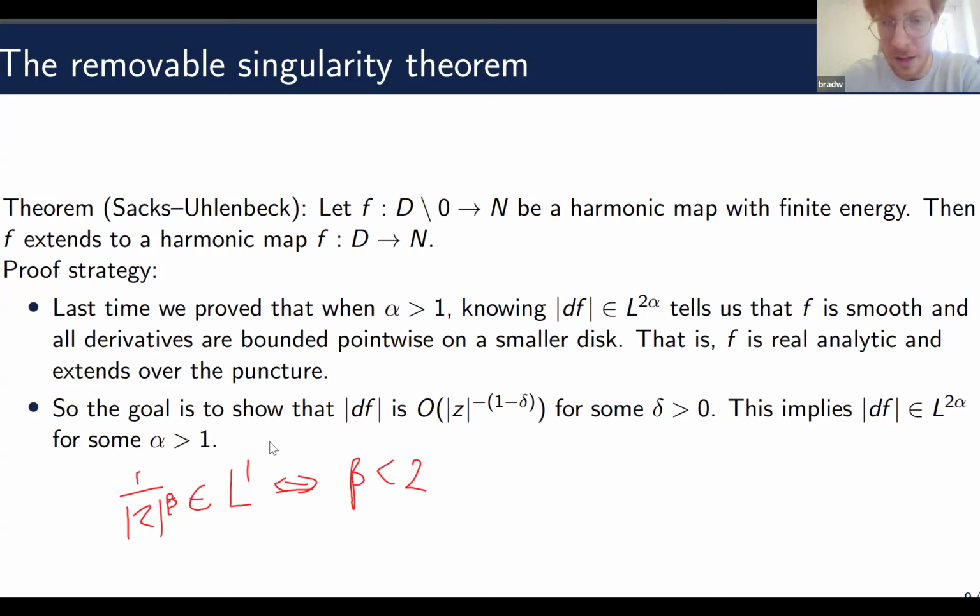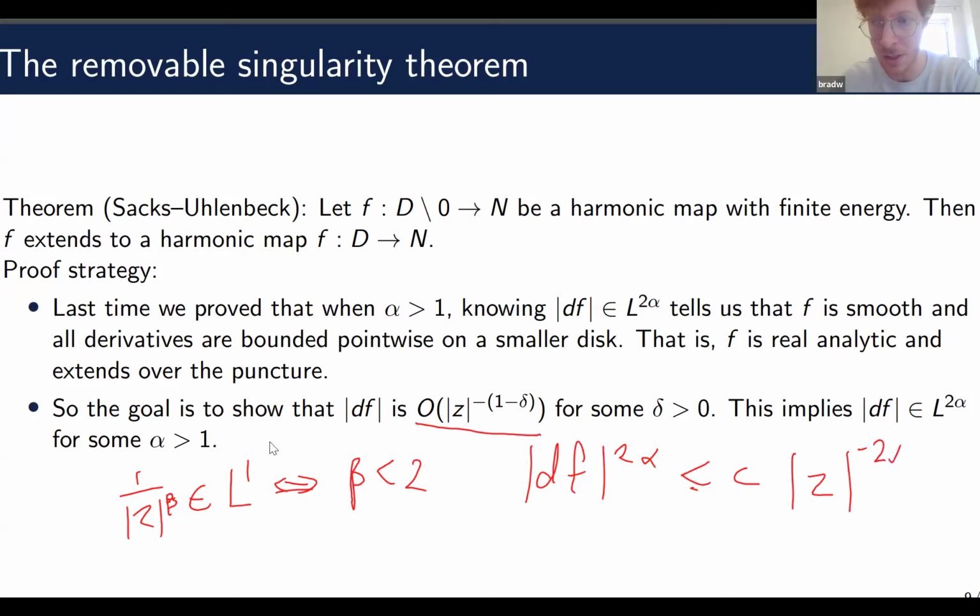So applying this here, we want df to the 2 alpha to be integrable. But if df is O of norm of z to the minus 1 minus delta, then this is less than or equal to some constant times |z| to the minus 2 alpha (1 minus delta).